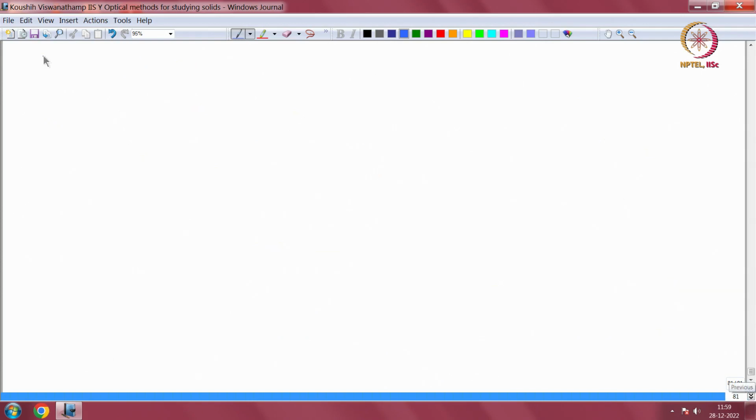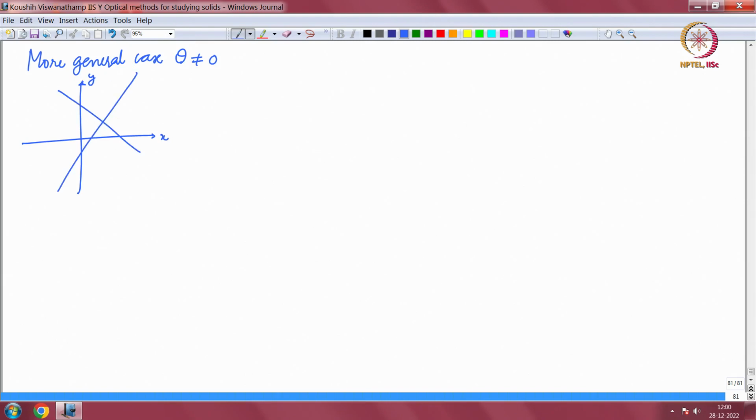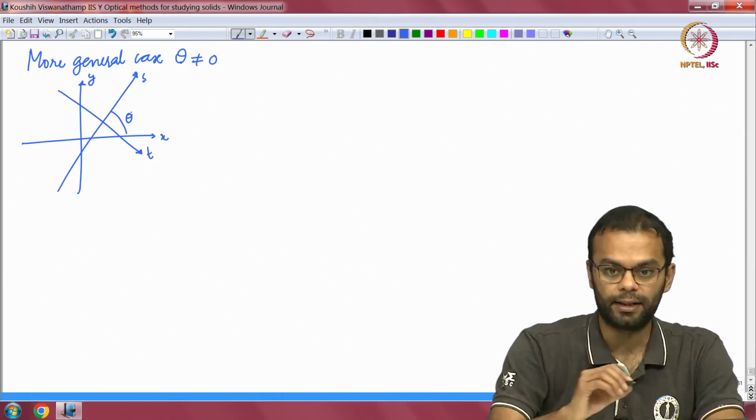Okay. Now we look at the more general case, for theta not equal to 0. In general you have this pair of coordinates x and y, and you have this pair of coordinates, this is your s direction, this is your t direction, and you have some theta between s and t.